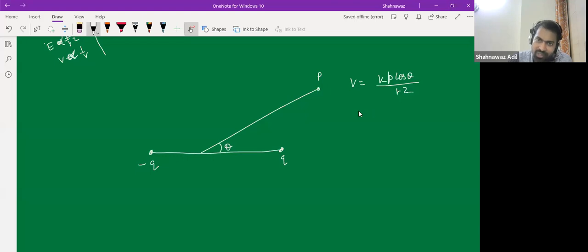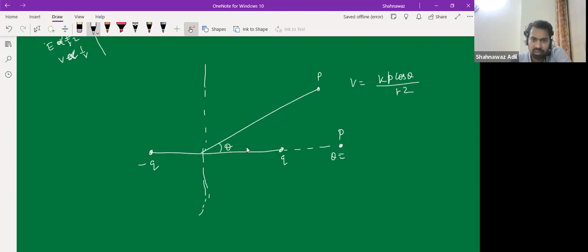If I'm calculating the potential at this point, what would be my theta? 0, right?